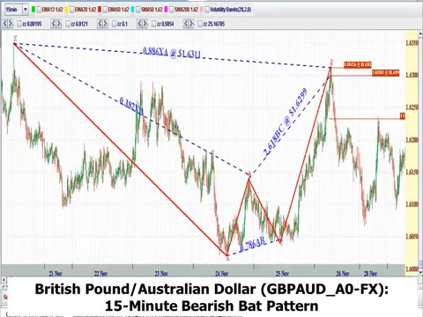This chart of the British pound versus the Australian dollar shows another W-type structure. In this case, the bat pattern had a 0.382 at the B point. This set up more of an extreme BC extension.